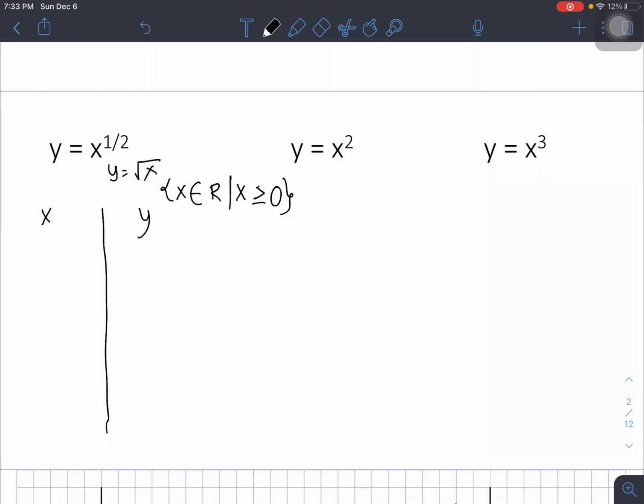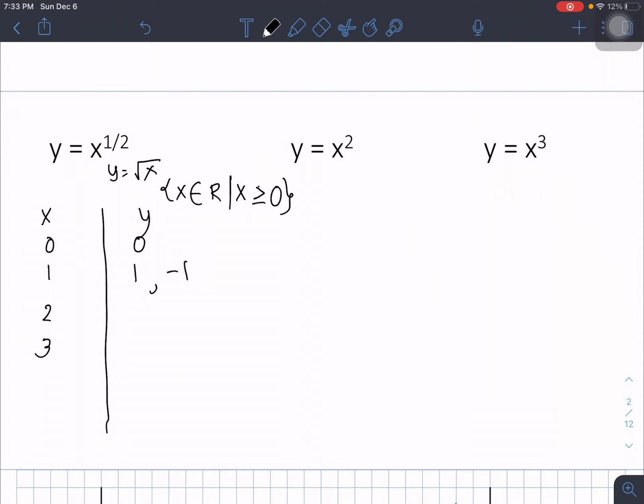Let us try 0, 1, 2, 3. If x is equal to 0, y will be 0. If x is equal to 1, y could be 1 or negative 1.